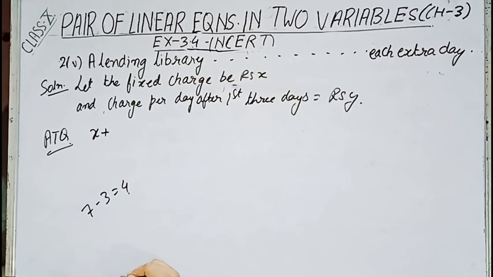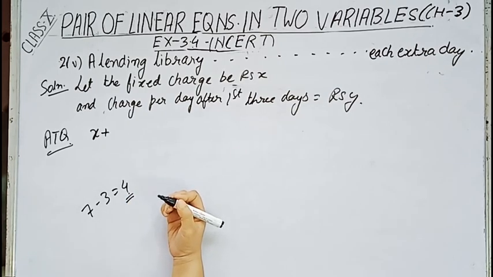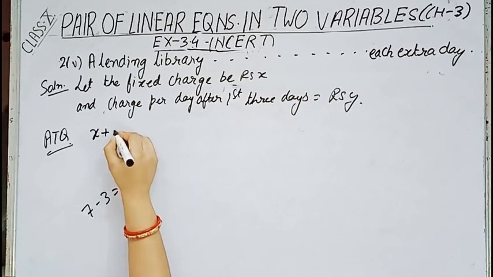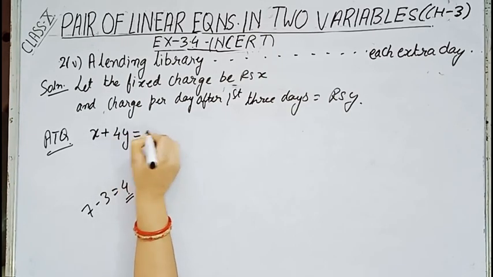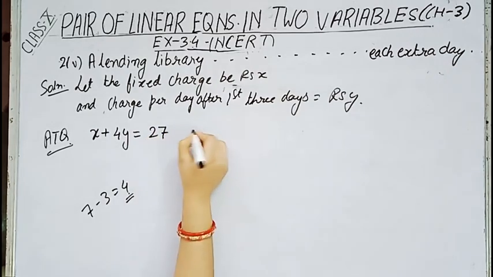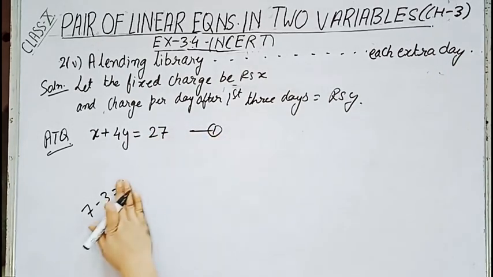So for 4 days she has to pay the extra charge, and the extra charge per day thereafter is rupees y. So for 1 day the extra charge is rupees y, so for 4 days the extra charge will be rupees 4y. I think you understand. So x plus 4y equals 27. Let us make it equation number 1.